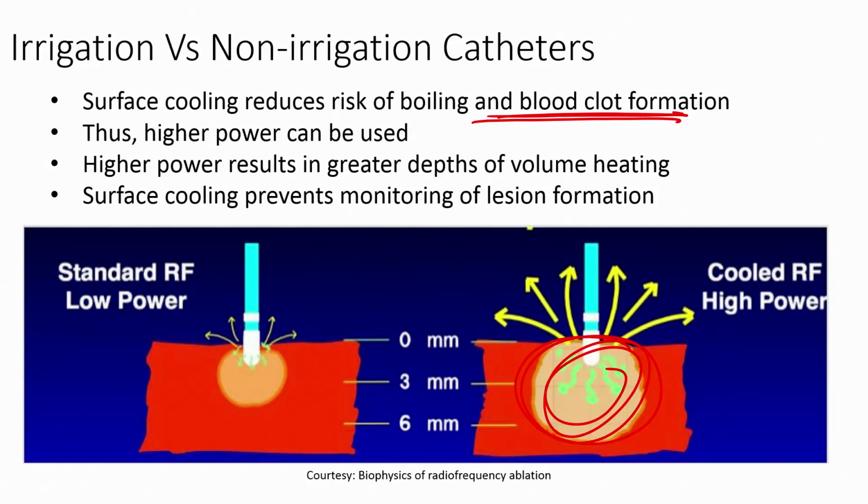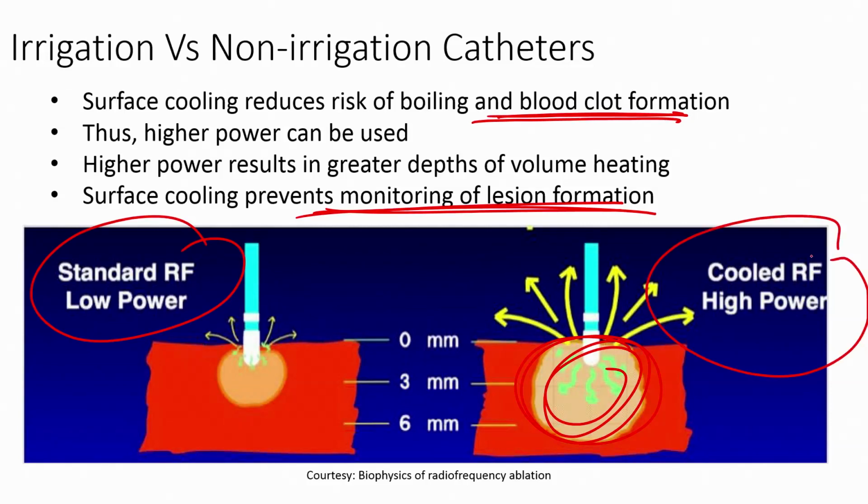Higher power results in greater depths of volume heating, but surface cooling prevents monitoring of lesion formation. So, standard RF low power versus cooled RF high power, we will go for cooled RF high power catheters.